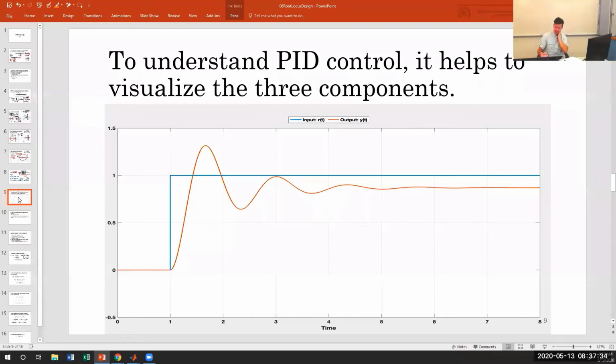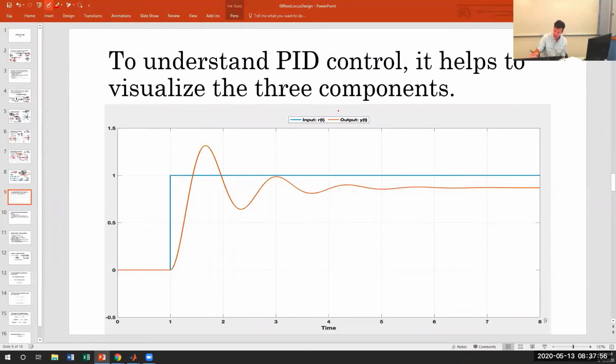Let's take the following as given. We have a step input, and we have some underdamped response to that. So input is blue, output is orange. And what I'd like you to do on this slide is visualize what the error signal looks like.